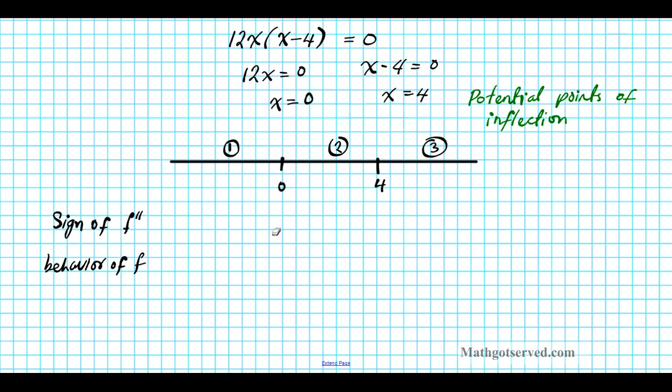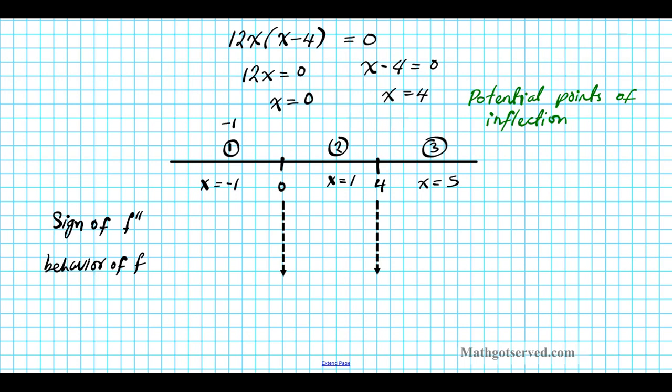So interval 1, let's test -1. Interval 2, let's test x equals 1. And interval 3, we can test x equals 5. Remember, all we care about is the sign of the second derivative.